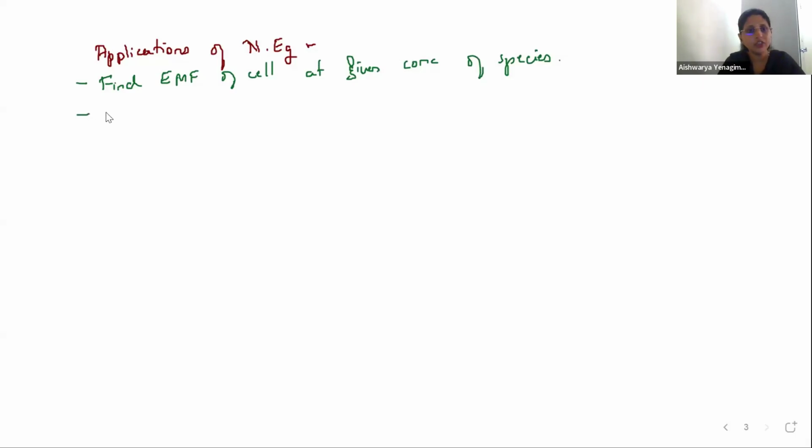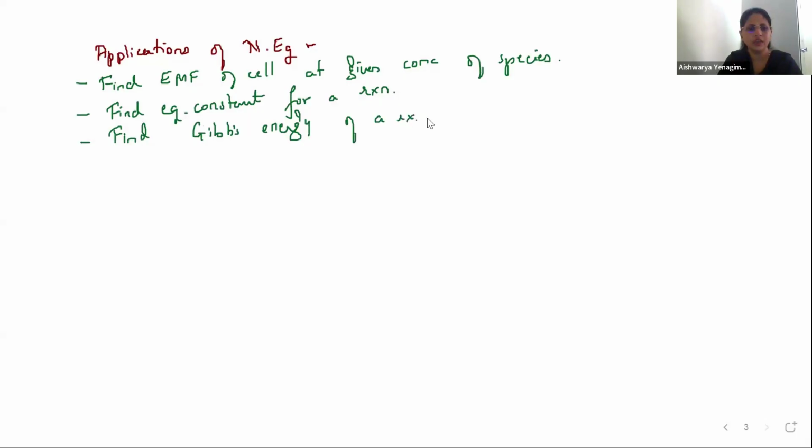The second application is to find the equilibrium constant for a reaction. We'll see all these applications one by one. Then to find the Gibbs energy of a reaction. Let us see one by one.